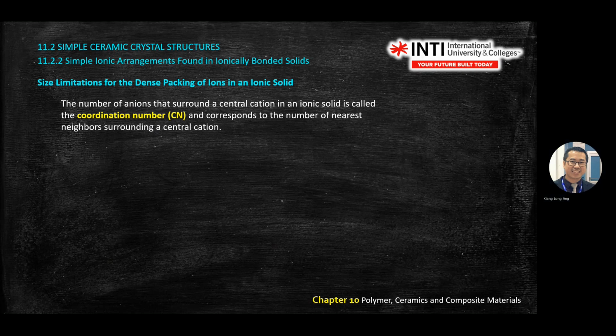If you focus on the middle atom or middle sphere, this sphere will contact 8 spheres. So for this atom, the Cn will be 8. It's how many spheres these particles contact. So the Cn number is 8, for example. You can see the definition here corresponds to the number of nearest neighbors.